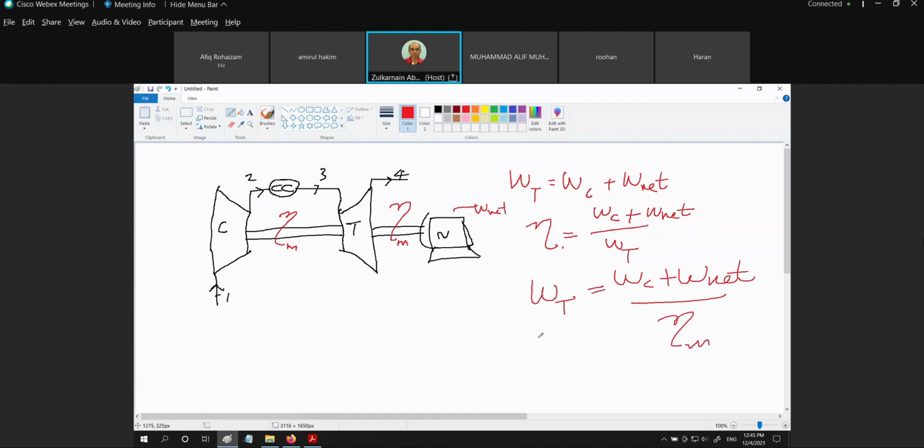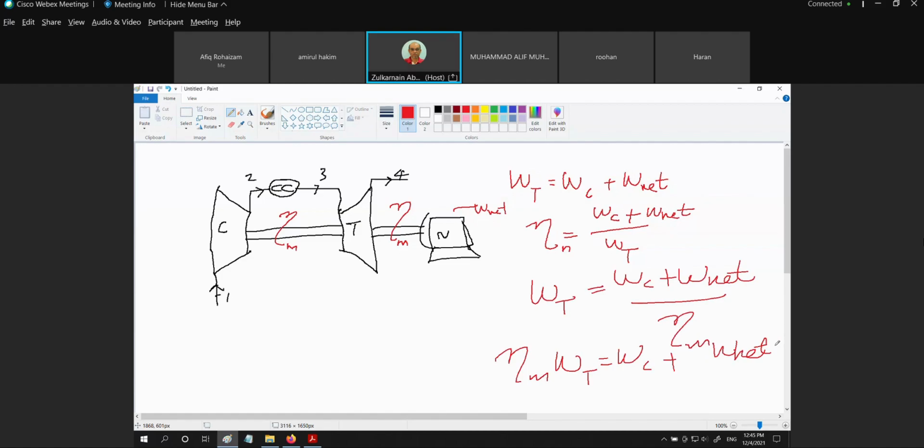Or you can rewrite that as the mechanical efficiency multiplied by the W turbine is equal to the W compressor plus the W net. It's up to you what you want to get first, but along the way, you must put the mechanical efficiency. So how to put it?